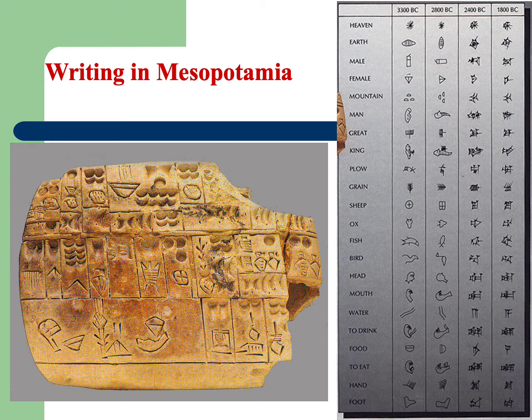Now information can be recorded and you can communicate across time. People can communicate to generations later. And this ability to record, preserve, and spread information was hugely impactful on the societies that adopted it.